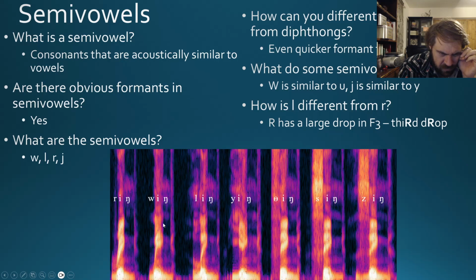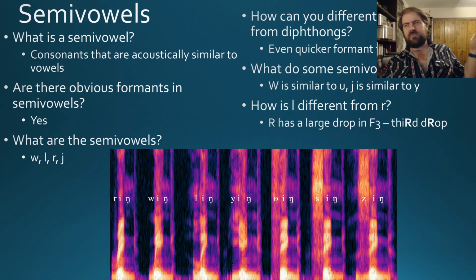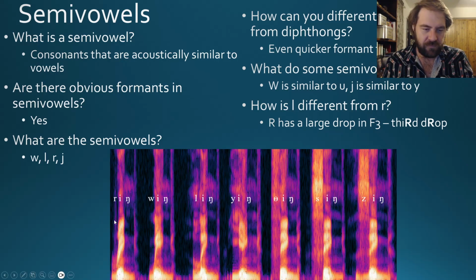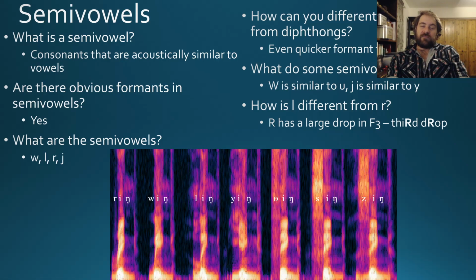So look at the third formant for everything. Here's the third formant. Here's the third formant. Here's the third formant. But here, dropping down, is the third formant. Sorry. Just got into like a yawn habit all of a sudden. It's because I'm saying zing?